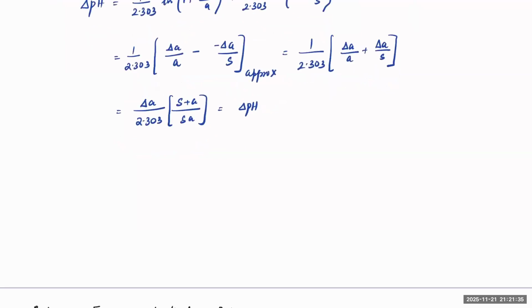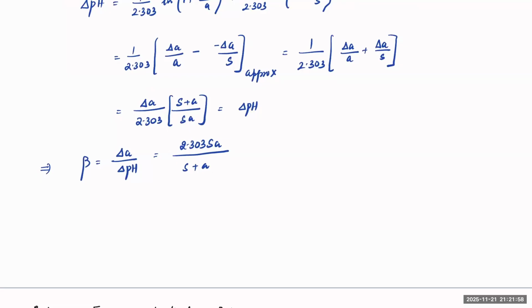Now let me bring this delta pH to the left-hand side and the rest to the right-hand side. So I get beta, which is equal to delta A by delta pH, that is equal to 2.303 SA by S plus A. And isn't this the definition we're looking for?